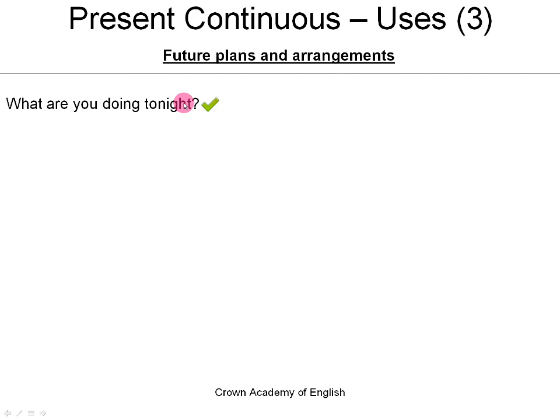So tonight is expressing the future, and so we can use the present continuous. So what are you doing tonight? We do not say what do you do tonight. That is a very big mistake. Okay, so we never use the present simple when discussing plans for the future.